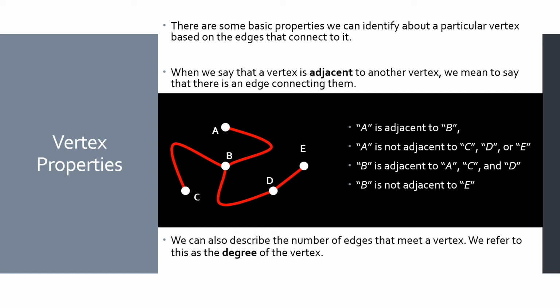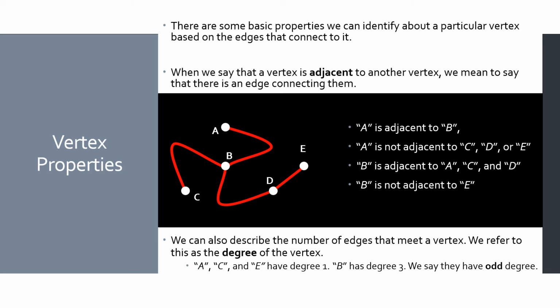We can also describe the vertex not by the specific neighbors it has, but more just what the degree of the vertex is. And that's just the number of edges that leave the vertex. So you can see A, C, and E all have degree 1 because there is one edge leaving A, one edge leaving C, and one edge leaving E. B, however, has 3 edges.